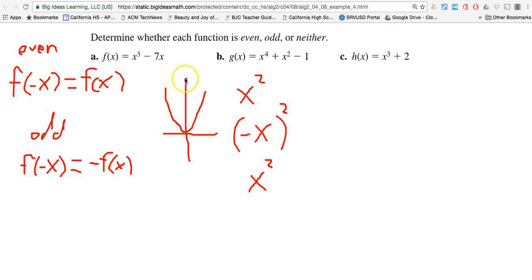Now you'll notice an even function like this, if we flipped it around the y-axis, it's still going to look exactly the same. So even functions are symmetrical about the y-axis. Now, for an odd function, let's say for example, we had x to the third power. If we did negative x to the third and simplify this, we end up with just negative x cubed.